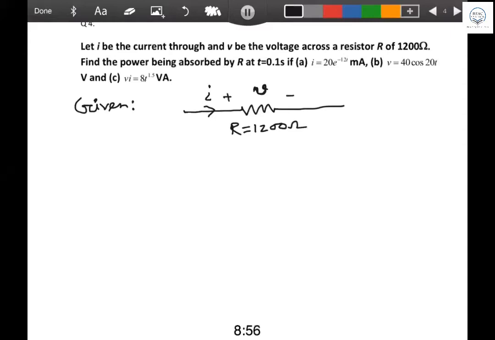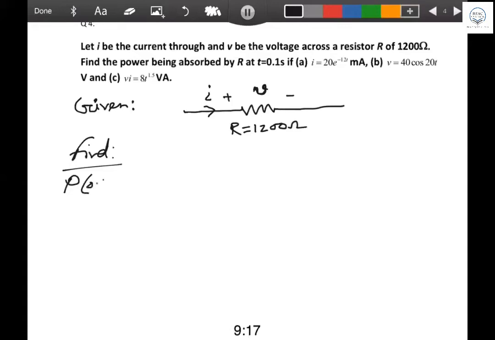That's the question. Number one, what you have to find is the power. All you have to do is find the power at 0.1 second.